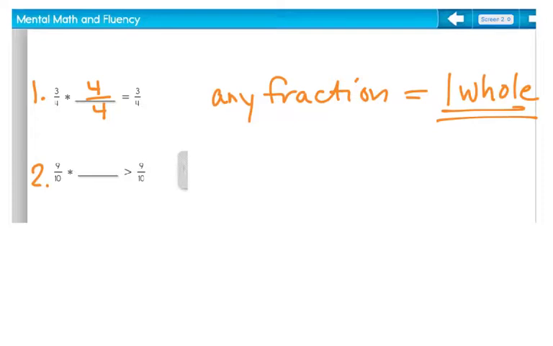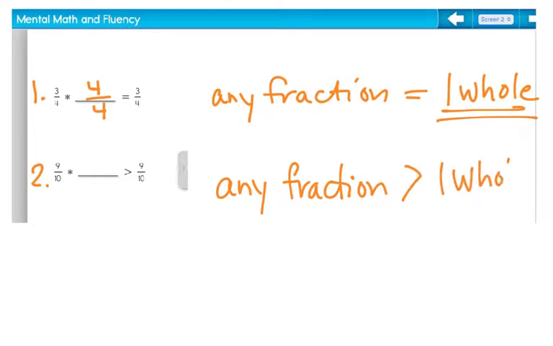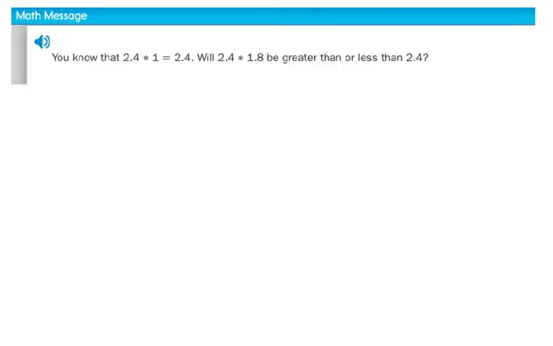Number 2, what can I multiply 9/10 by to get an answer that's greater than 9/10? Again, any number greater than 1. So I could say 2 6/7, 3 1/9. Okay, we know that if we multiply 2 4/10 times 1, we'll get 2 4/10.